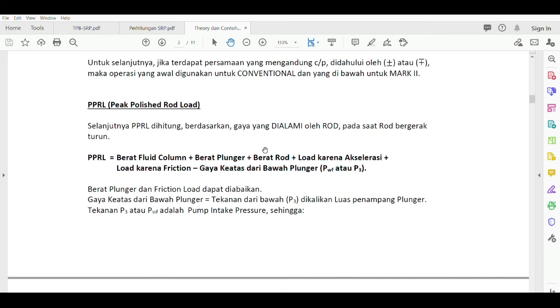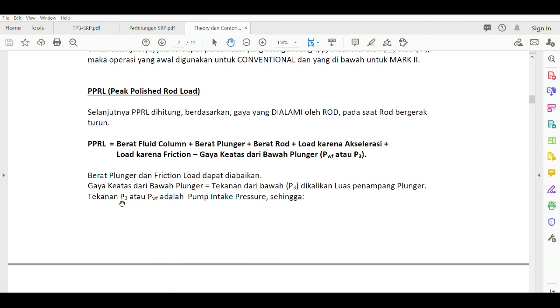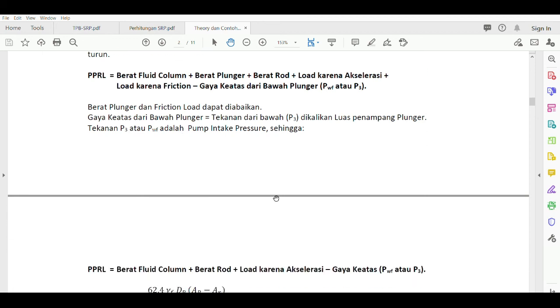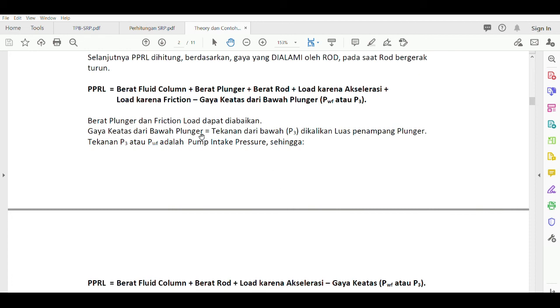So we ignore the plunger rod, and P3, PWF, is the pump intake pressure. If we eliminate everything here, we have a fluid column, a rod column because we ignore the plunger, and then the load because of acceleration, and then the force to the upper part.